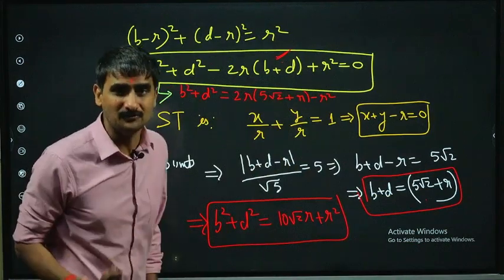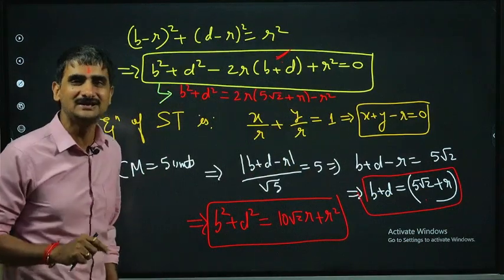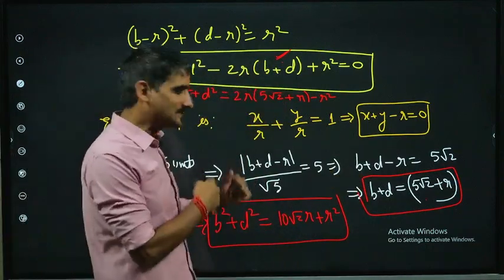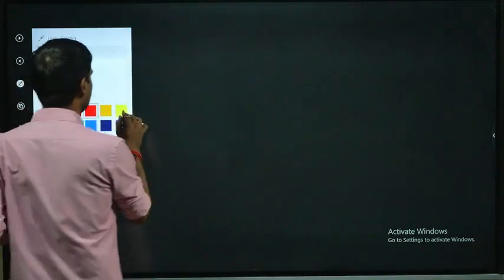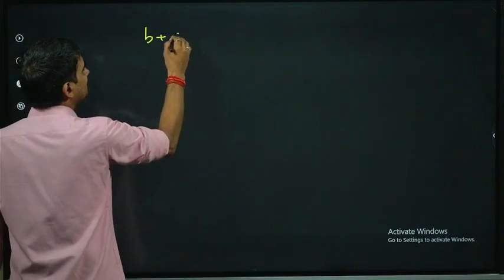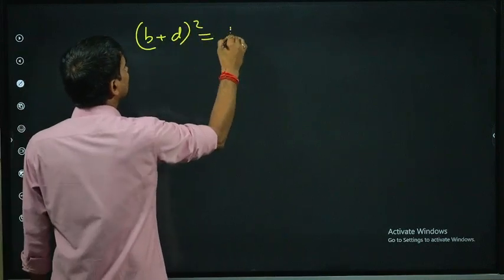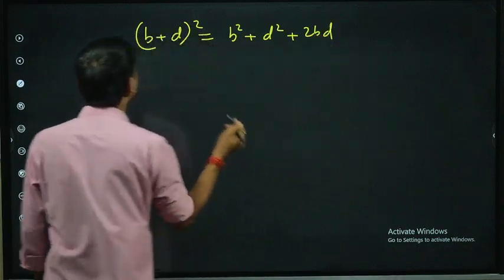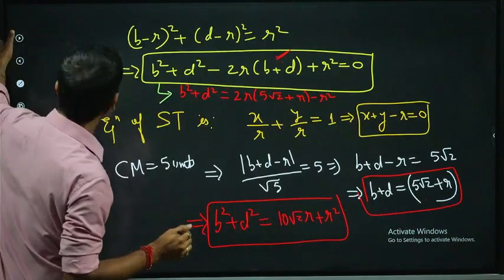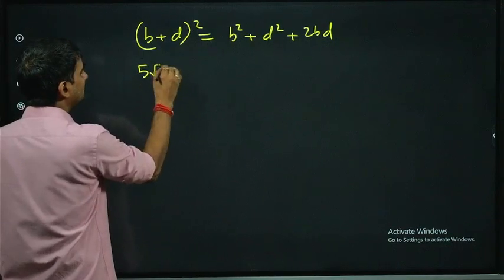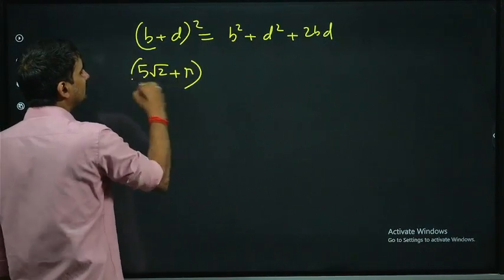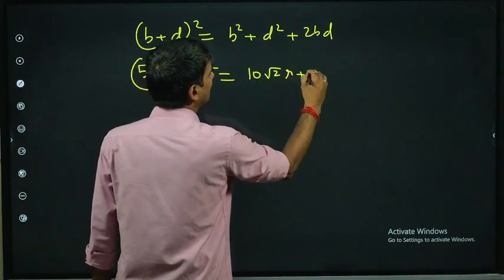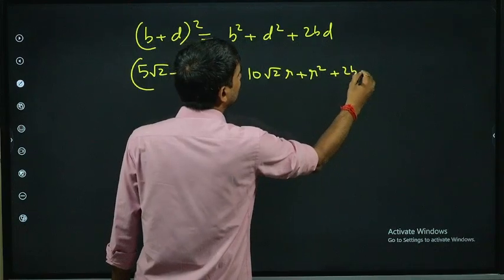Now all of us know what to do. We need B into D, we have B plus D, the sum of B and D, and we have the sum of their squares. So what next? We'll use the identity (B plus D) whole squared is equal to B squared plus D squared plus 2BD. Let's do it. B plus D is nothing but 5 root 2 plus r. So (5 root 2 plus r) whole squared is equal to 10 root 2 r plus r squared plus 2BD.